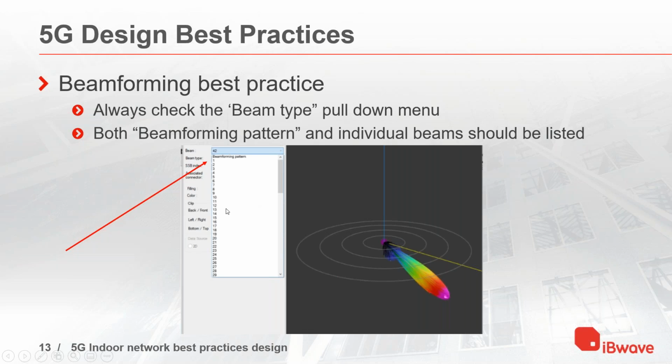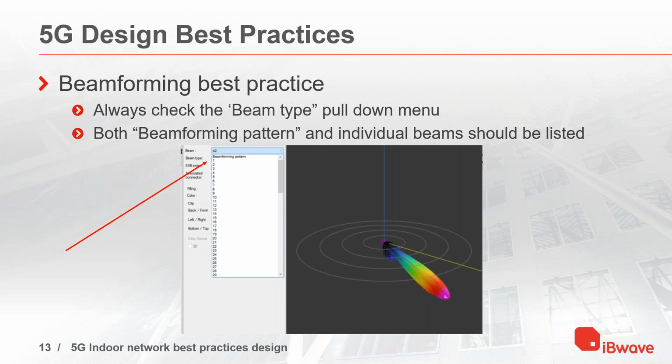If you don't see individual beams numbered, then it means that only the beamforming pattern is present, and that means that only SS-RSRP is going to be available for your heat map calculations.